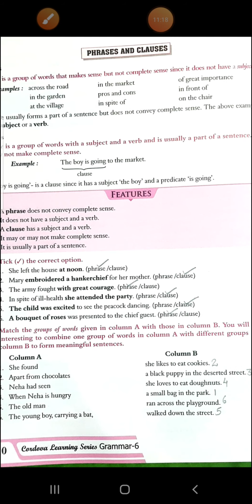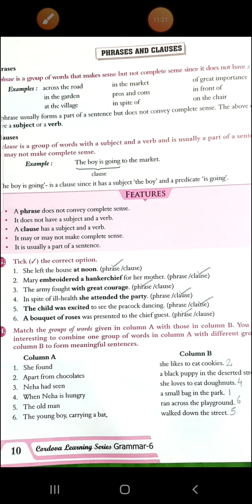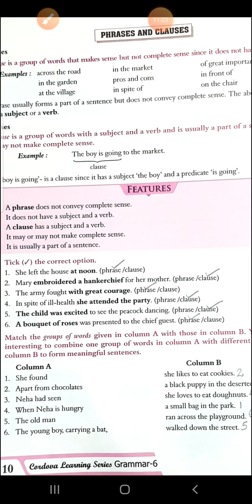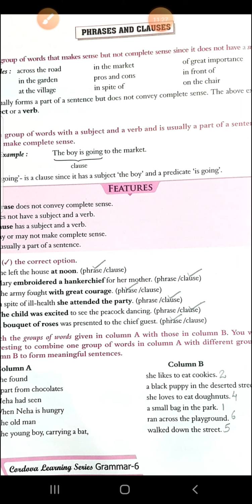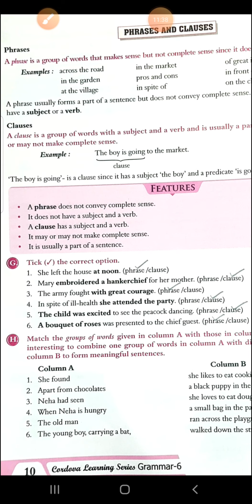Second is apart from chocolates. Here I have marked she likes to eat cookies. Here you can mark this also, she loves to eat donuts. So any of these two you can write in front of the second one.